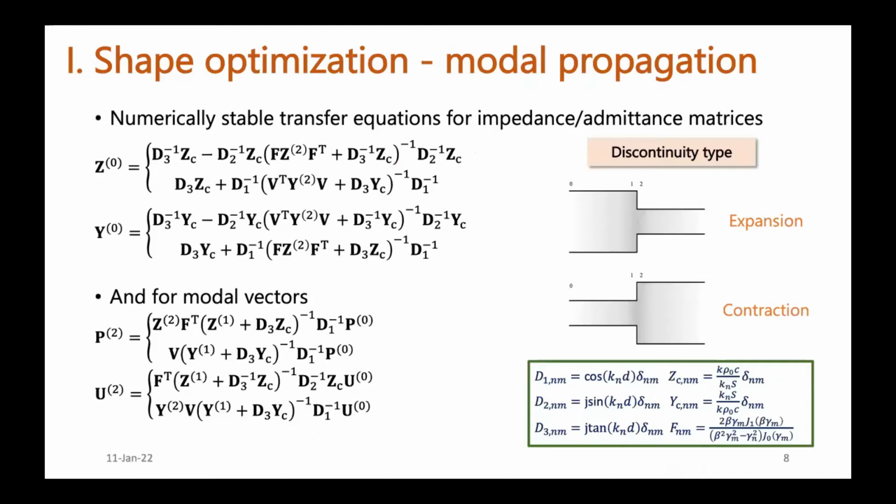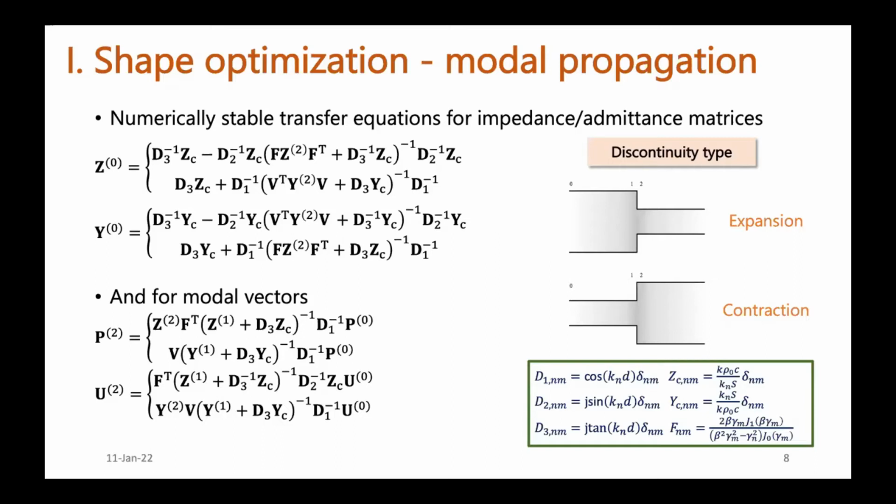And we have noticed that there are two types of discontinuity. Here shows this. First is expansion and contraction. And here, the positions where we consider the matrix or modal vectors are labeled as 0, 1, and 2.